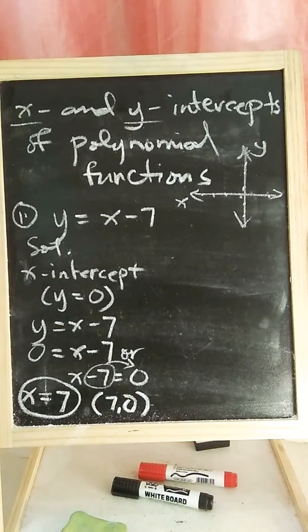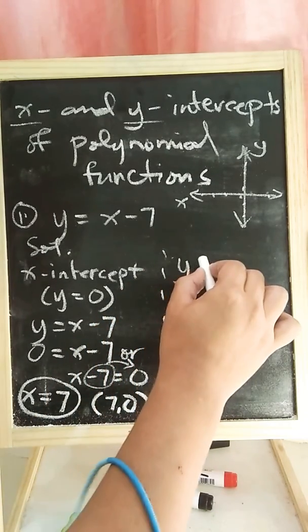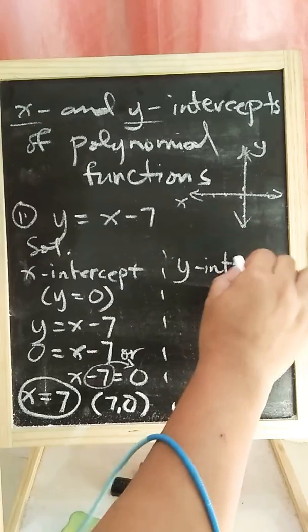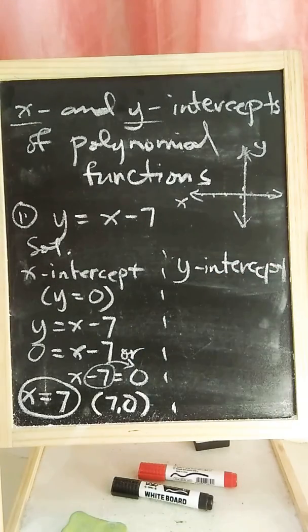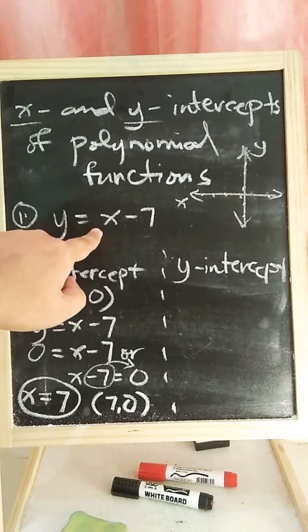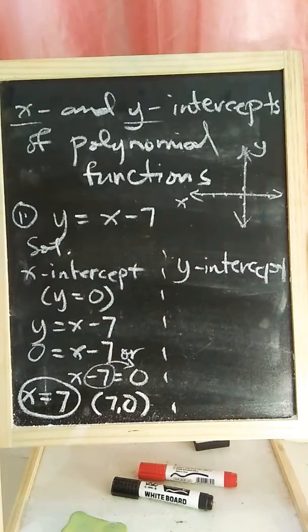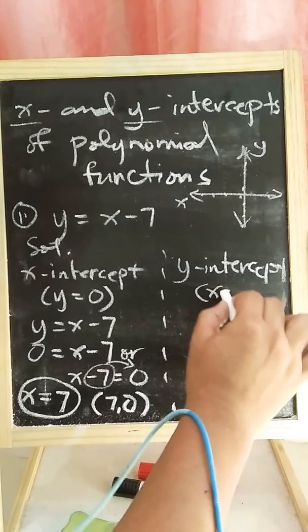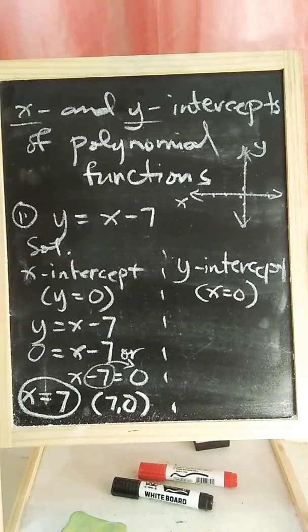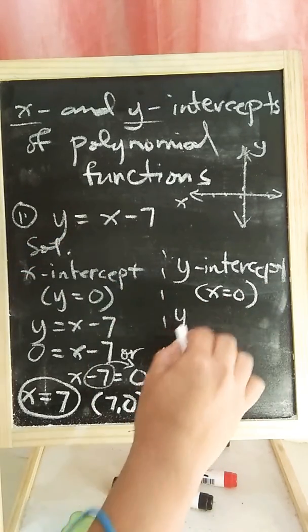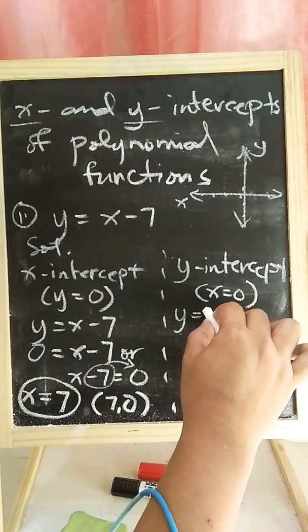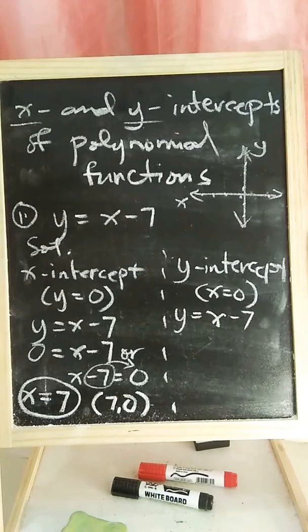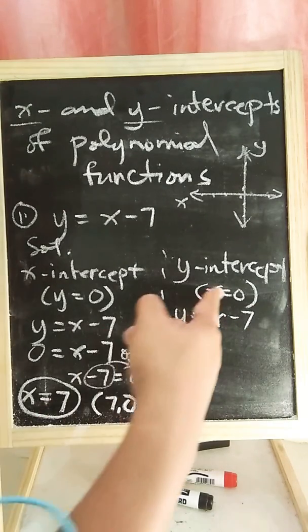For the y-intercept, it is a point in this function that lies on the y-axis. This means x is equal to 0. From the function y is equal to x minus 7, I will substitute x with 0.